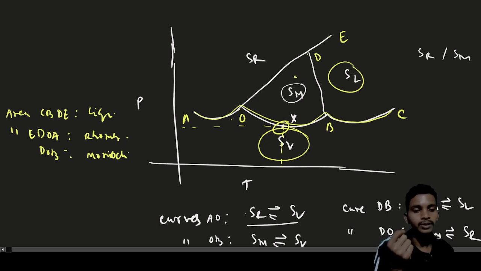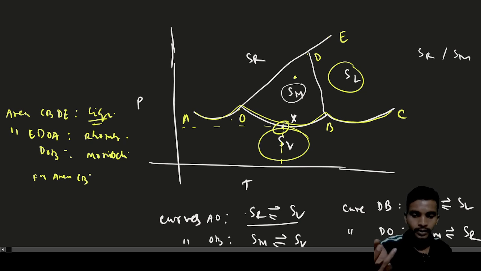So if any point is present in this area, how many variables are needed? Let's say for any area, let's say AODE.